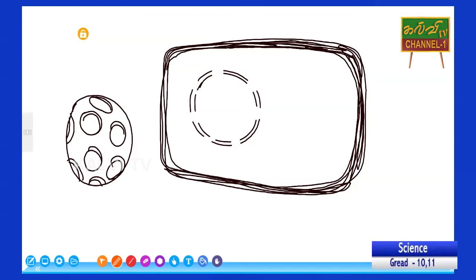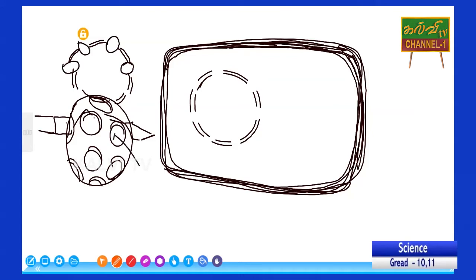What happens when you cut the cell membrane? It will show like this, a small area, the part of those holes can be cut. So it will show some spaces between these, because of the holes.